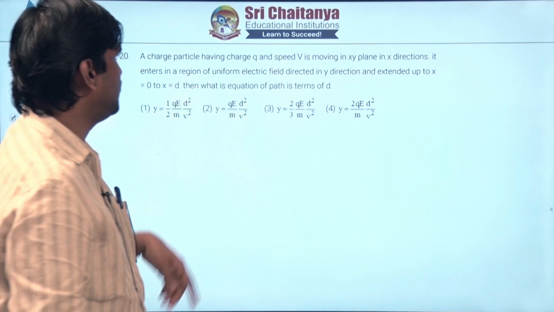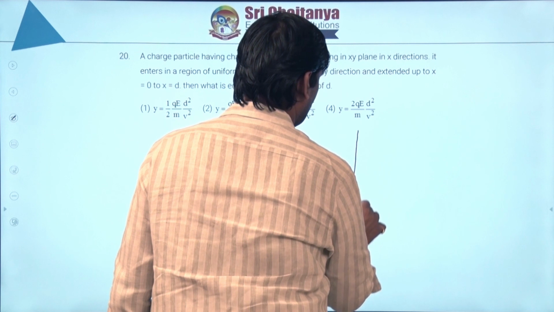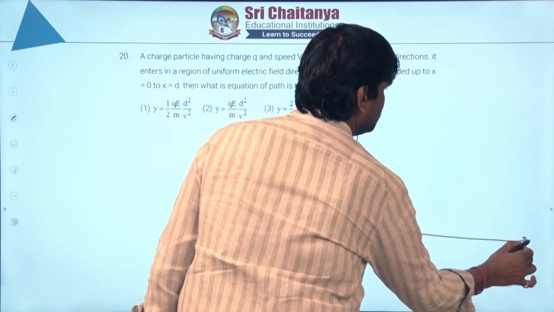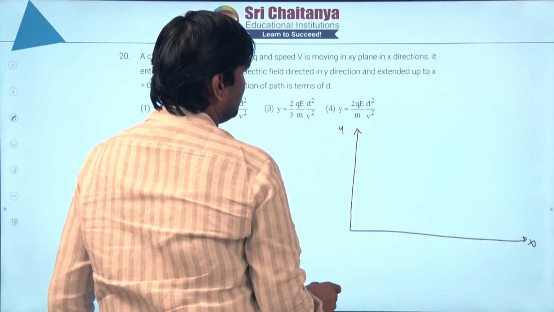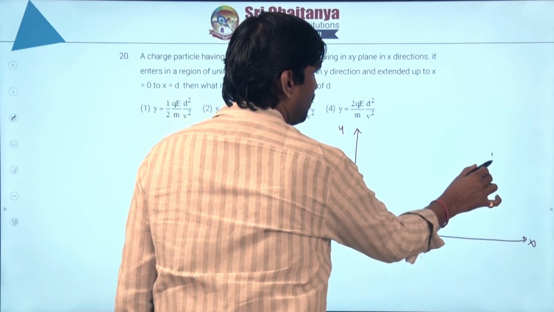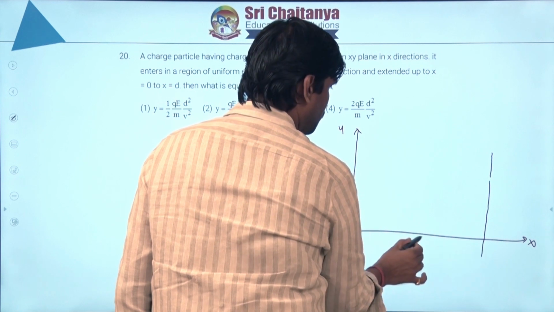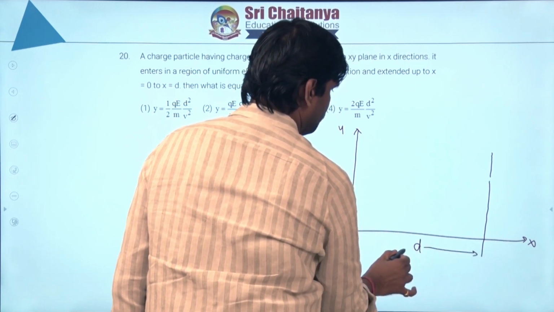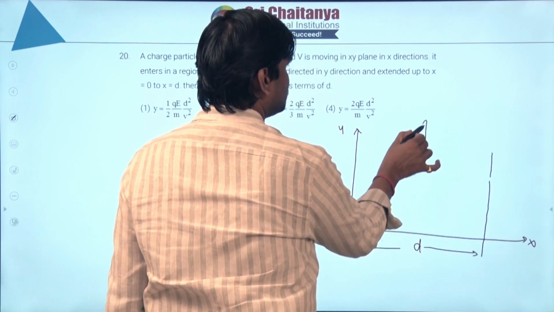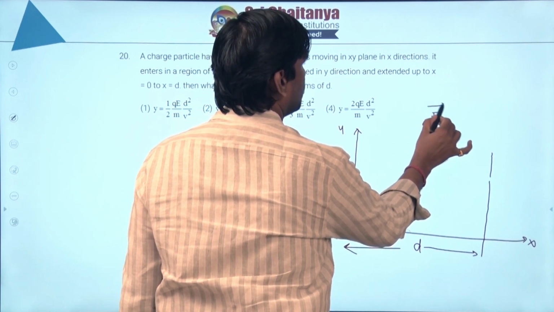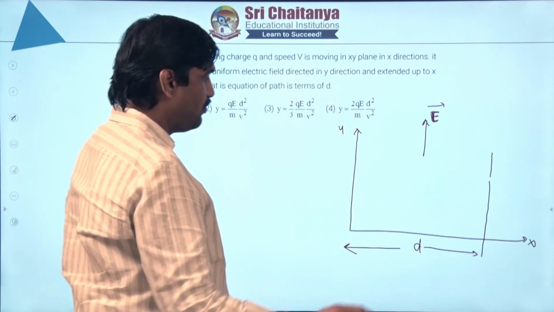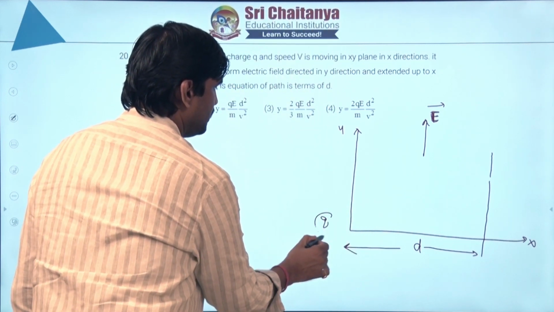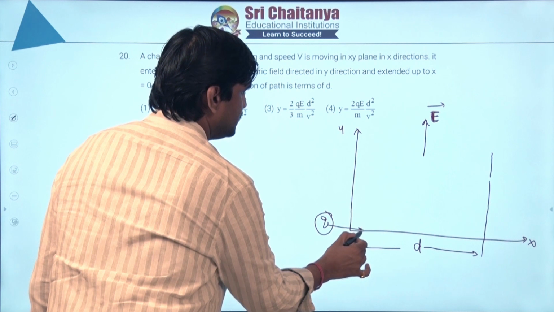As per the given question, this is x axis, this is y axis. The field is up to y, up to D. This is the direction of field, E bar. Now a charge entered into it at x is equal to 0.